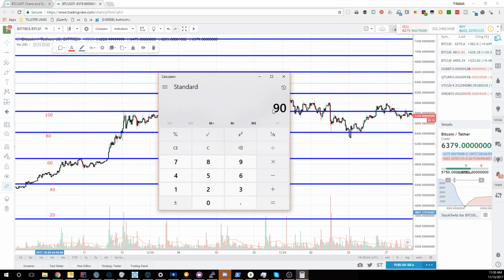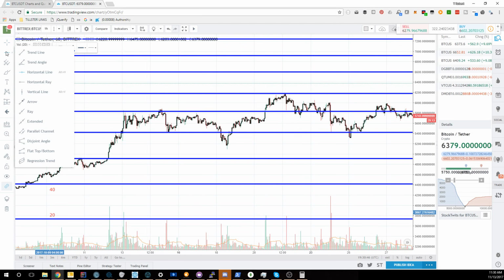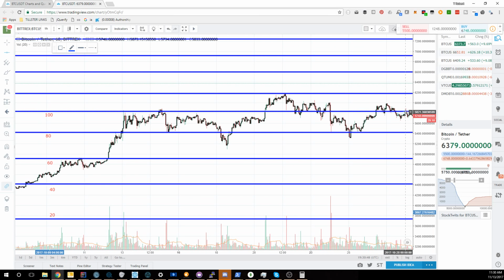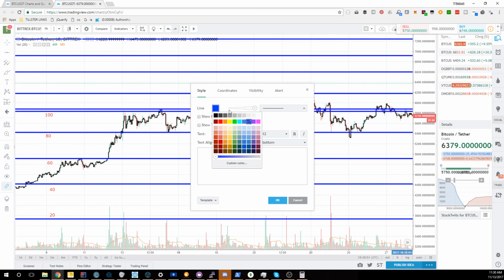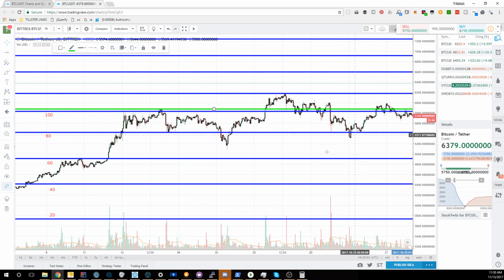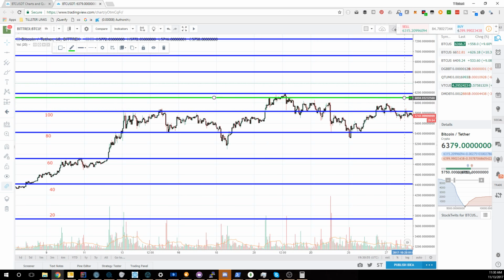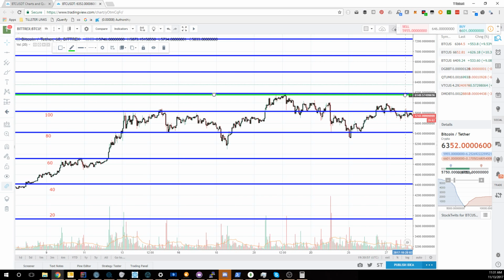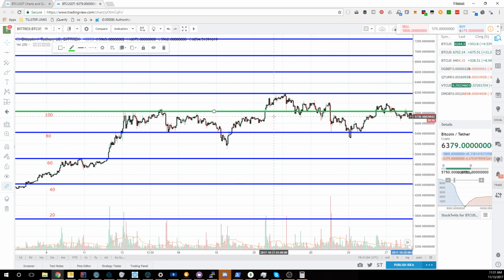Let's put this into the chart. Previously, my break-even line, which I'm going to represent here in green, is right here at $100, because I've got to go above $100 in order to make any money. Anything below $100 and I'm losing money. Now let's say that I bought another Bitcoin here at $80.